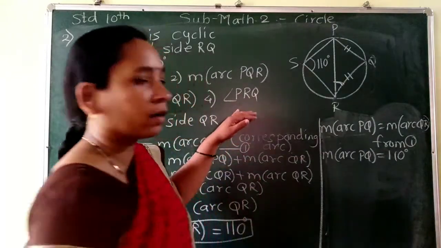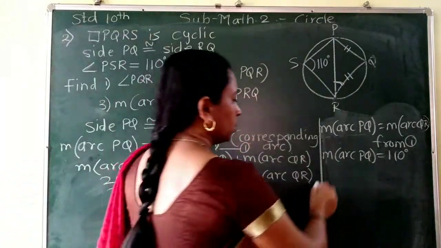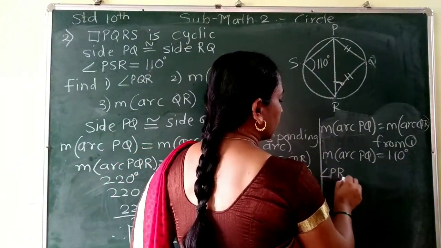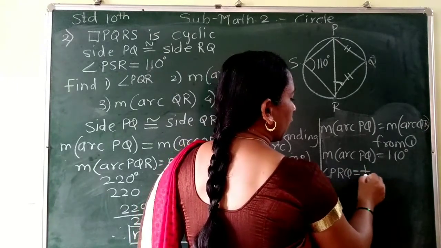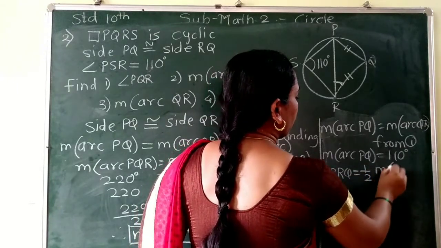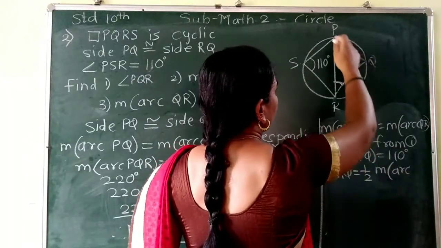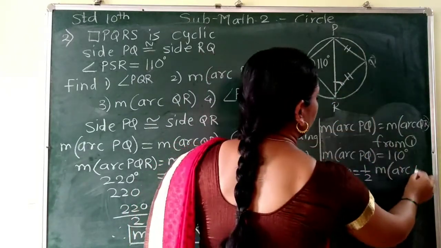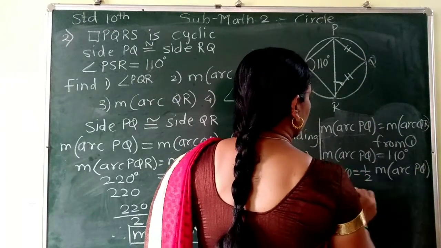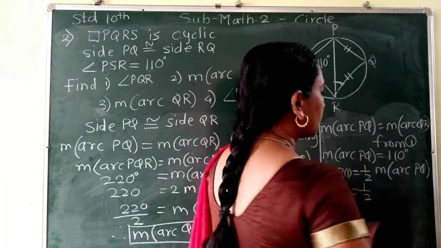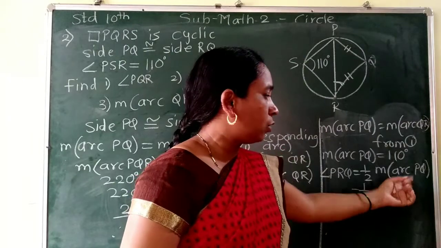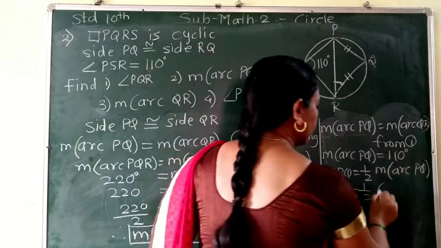Now we'll find the angle PRQ. Angle PRQ is equal to half of the measure of arc PQ, the intercepted arc. So 1/2, and just now we have found arc PQ is 110.